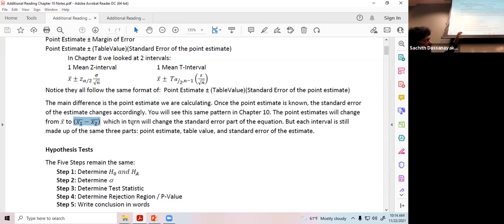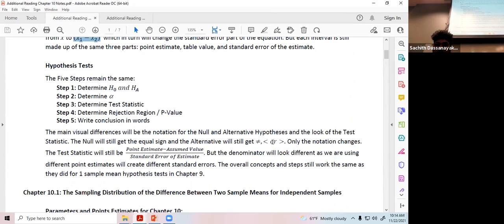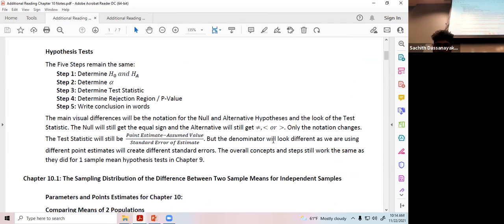Based on that, we have a small piece. In this case, we were discussing the distribution of x1 bar minus x2 bar. Let me remind you of a few things. If we are doing hypothesis testing, these steps are the same as the previous cases.